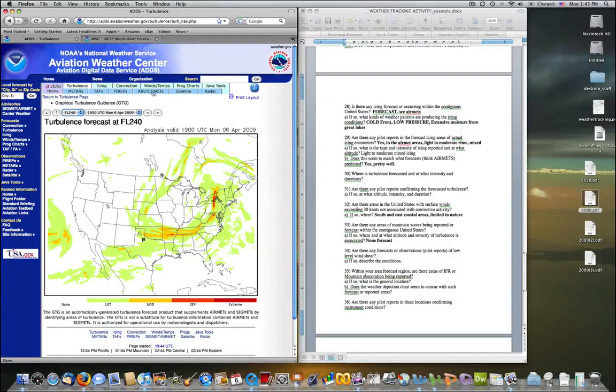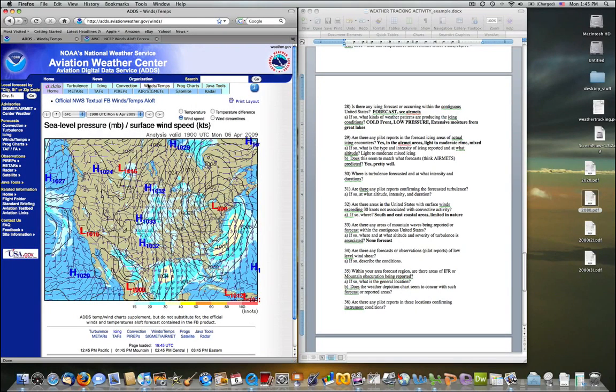What I would actually be doing as a pilot, since there's no SIGMET, which there often is if the mountain waves are significant, particularly across the Sierras and the Rockies, where you can get some pretty strong mountain wave activity. So I would check the SIGMETs first.